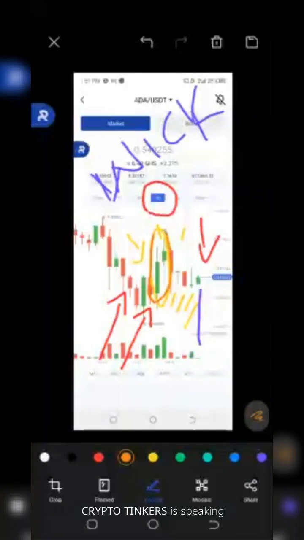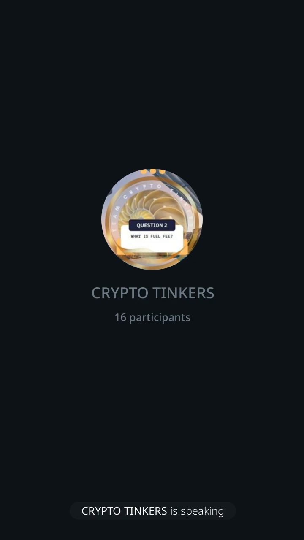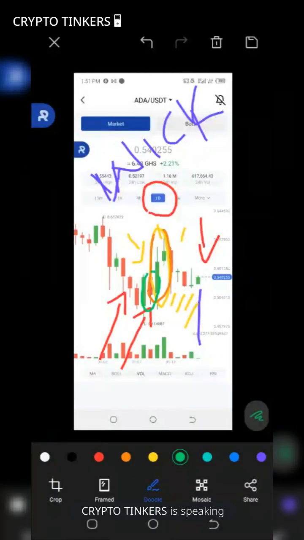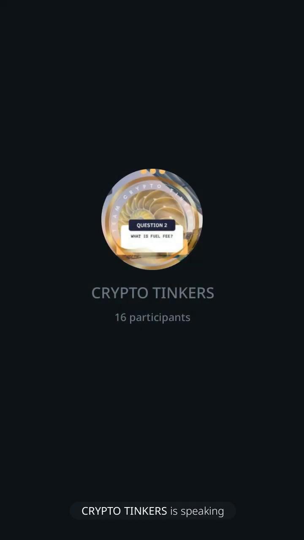It's big, but the previous day there was a red candle downstairs, and it was small. So on this green candle day, you go and check your revenue, you will see you made a lot of profit. But on the previous day, the red candle, where probably margin calls were not bought, you didn't make a lot of profit.